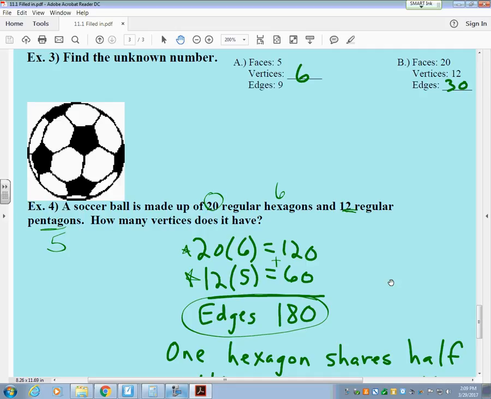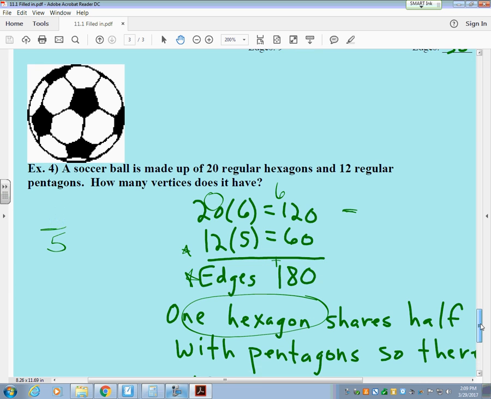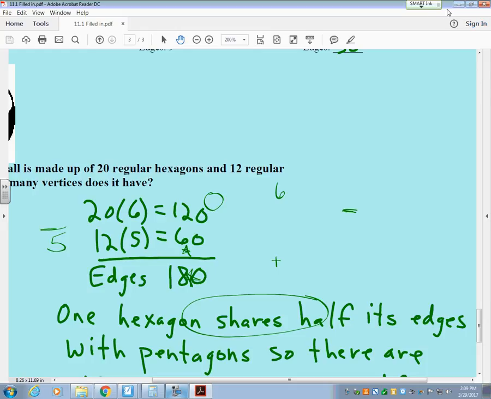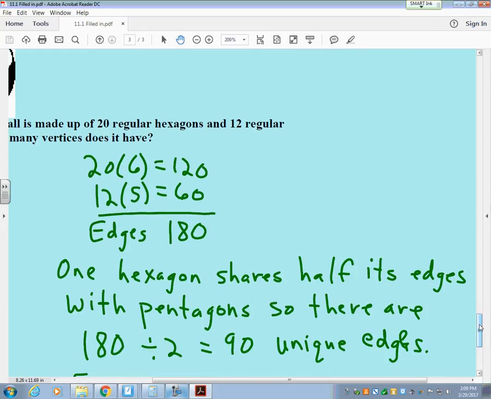And so we look at the picture real quick. So one hexagon, it's the white part here, 1, 2, 3, 4, 5, 6, shares half of its edges with pentagons. So there are 180 divided by 2 unique edges because they have that overlap. So your count was 180, but half of those are sharing.